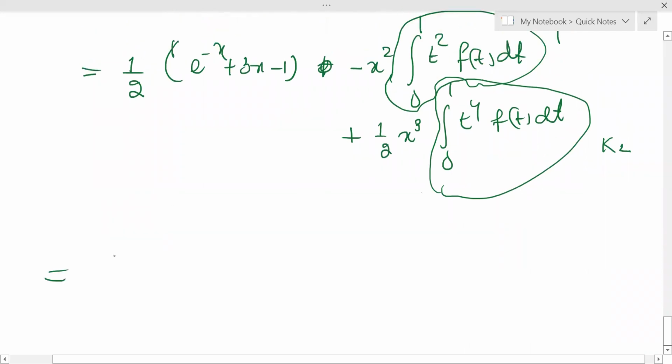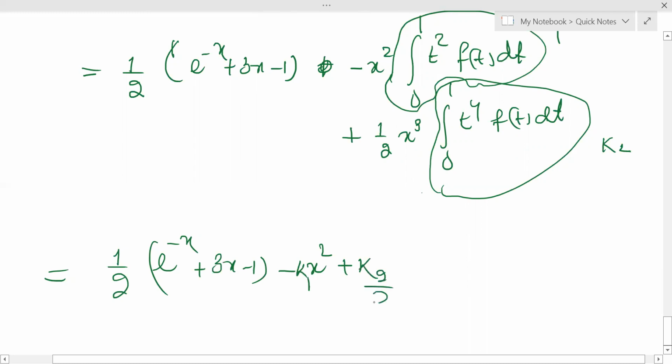That value becomes 1/2 e to the minus x plus 3x minus 1, minus x square into this value k1, or you can write this is k1 x square, plus k2 by 2 x cube.